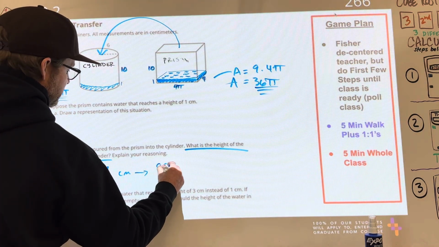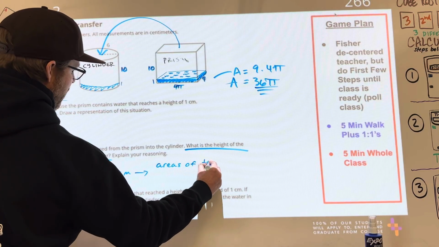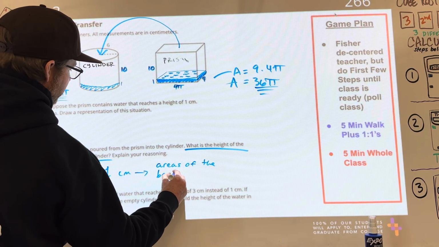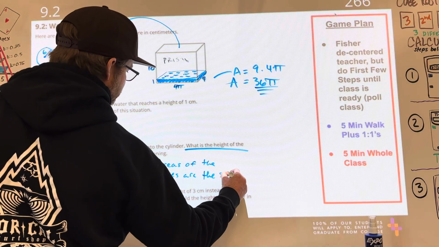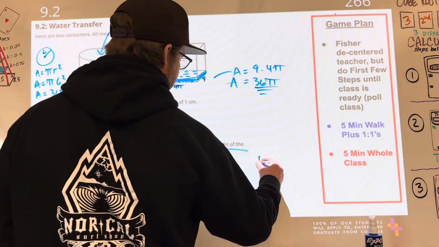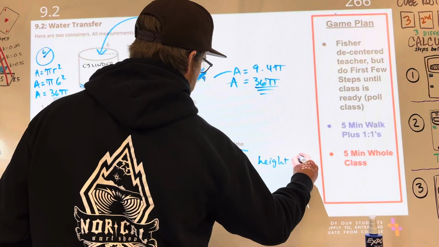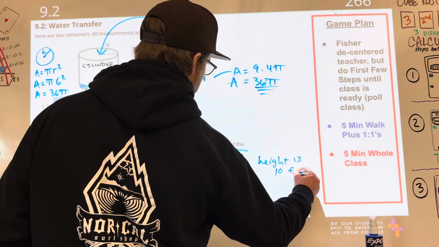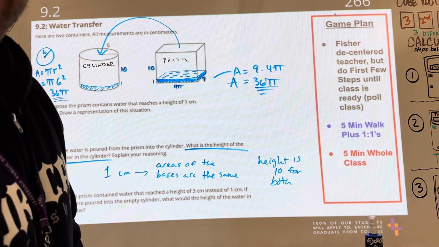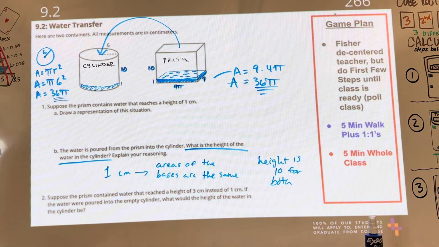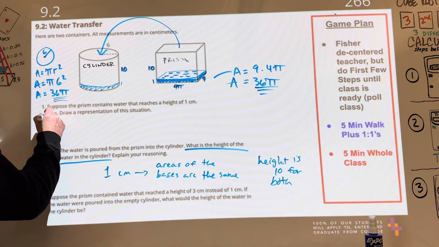The areas of the bases are the same, and the height is 10 for both. So the water is going to be 1 for both.